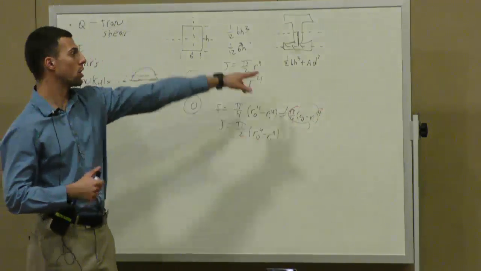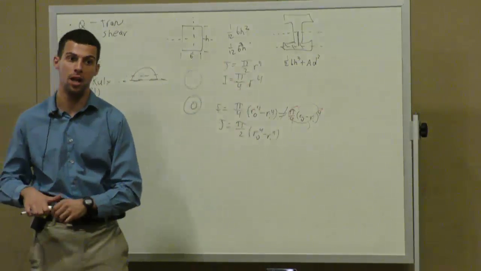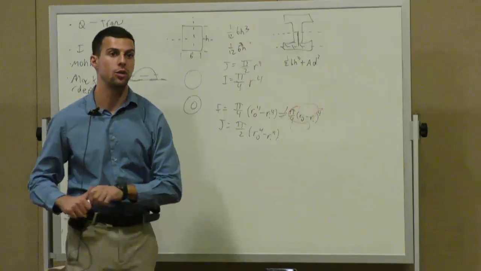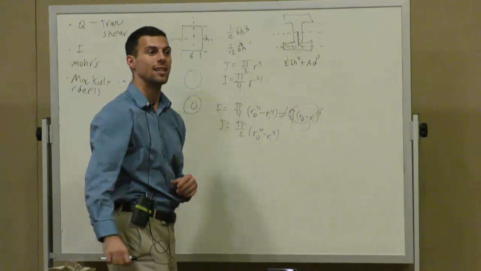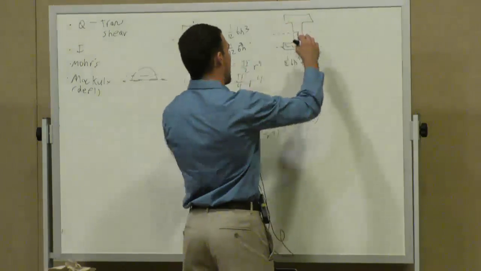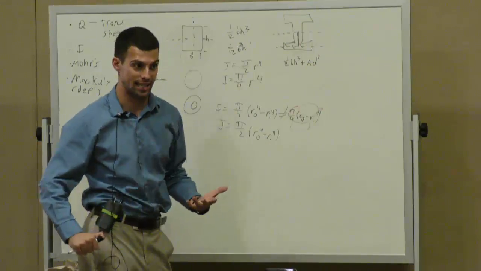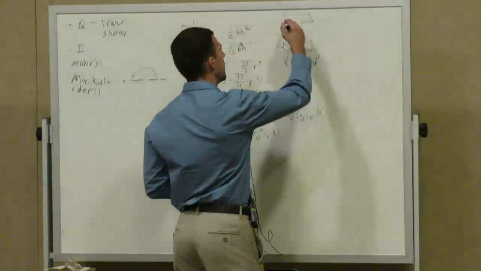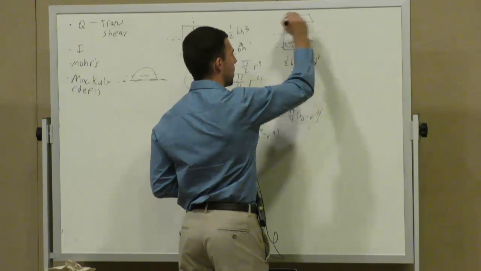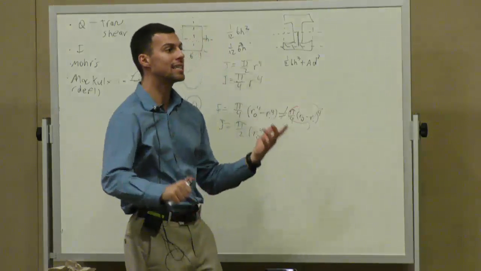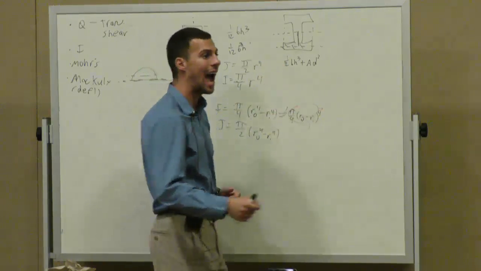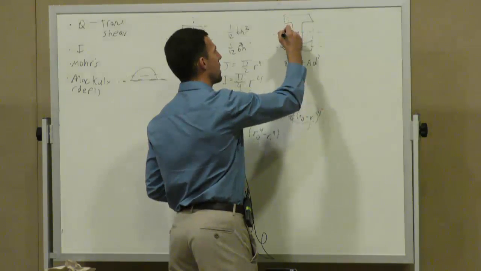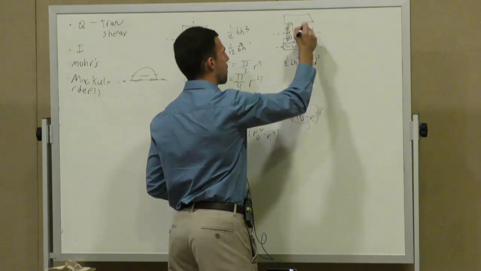Now, we want to avoid parallel axis theorem as much as possible. So in the case of an I-beam, what can we do to avoid that? Exactly. If this thing is symmetrical about the neutral axis, let's instead take the big rectangle, do its 1/12 bh cubed, and then subtract out 2 of these areas right here.